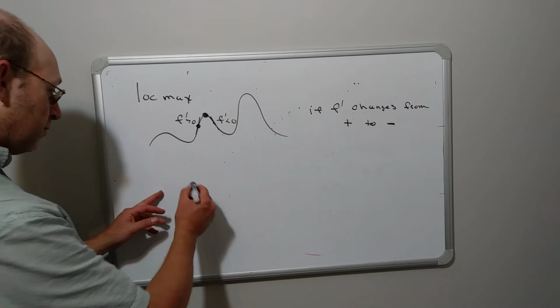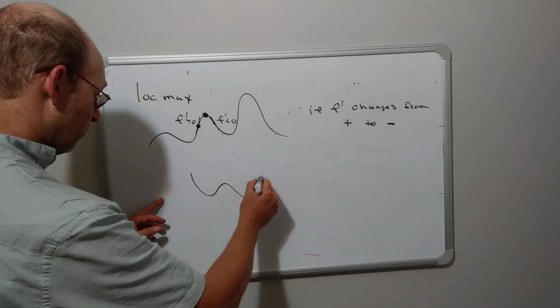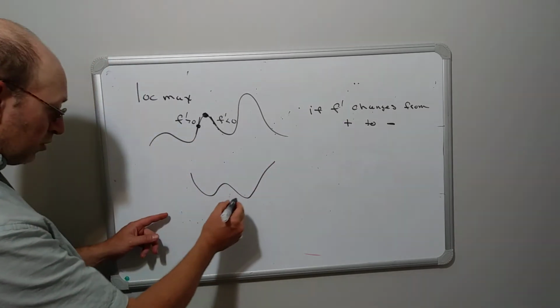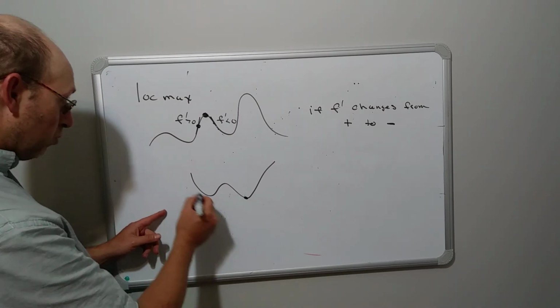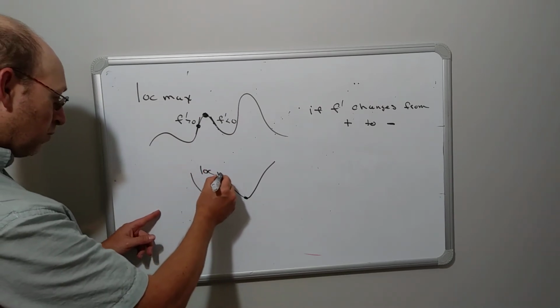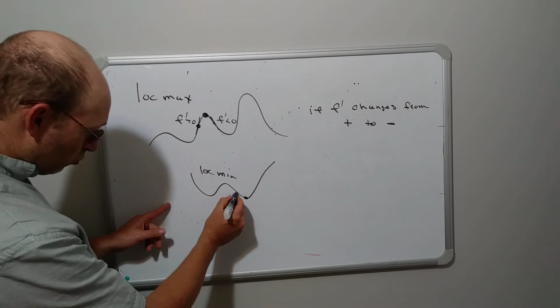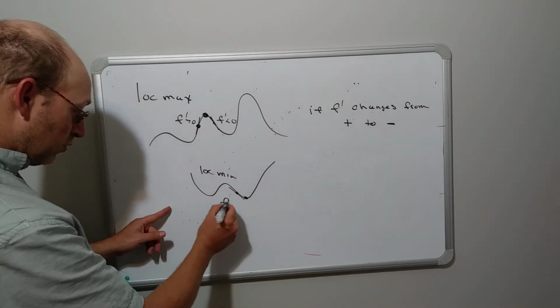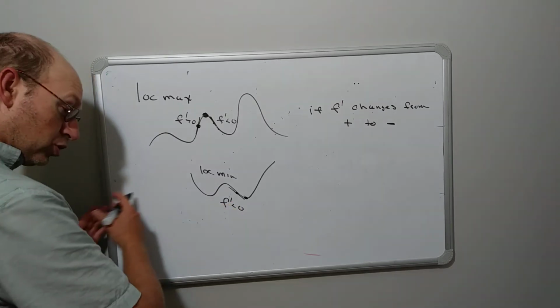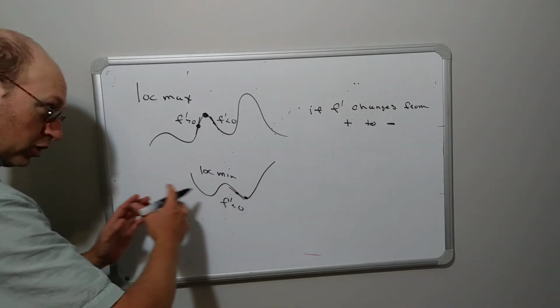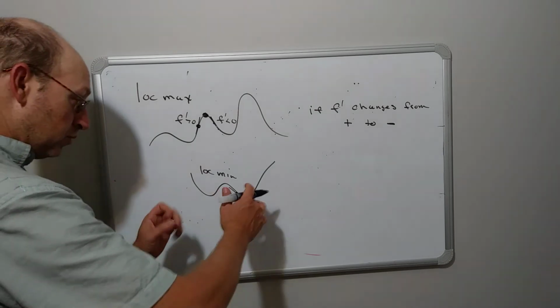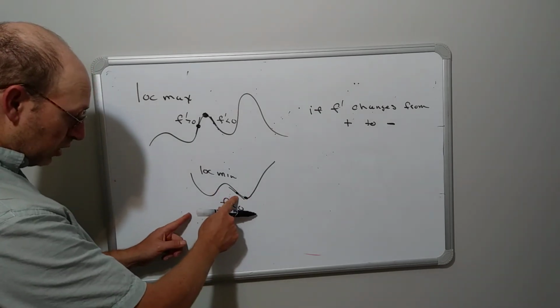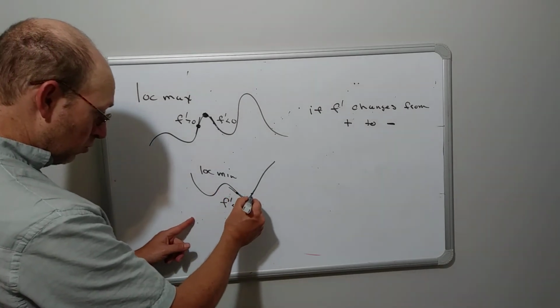On the other hand, something like this would be a local min. And if you look at the derivative, the slope of the tangent line, it's negative. We'll always go from left to right. The notation is always to go from left to right. So we're negative, but then we're positive.